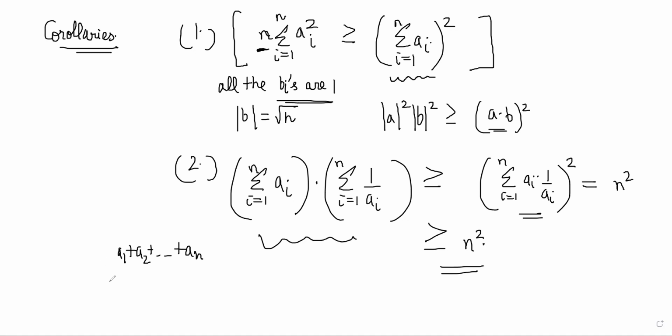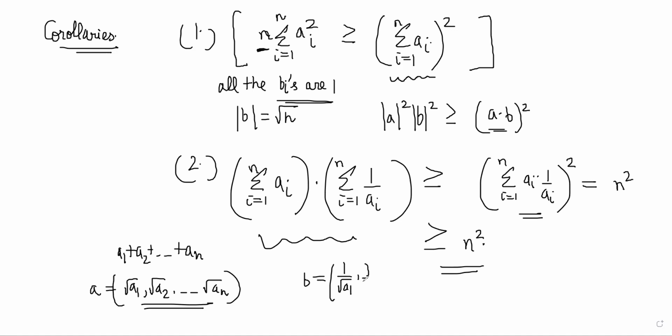So basically, the vector must be root a1, root a2, and so on, root an. This is the A vector, an n-dimensional vector. And similarly, the B vector would be 1 by root a1, 1 by root a2, and so on, 1 by root an. So if you apply Cauchy on these two vectors, you will get this result. This is the second result that you should be aware of.